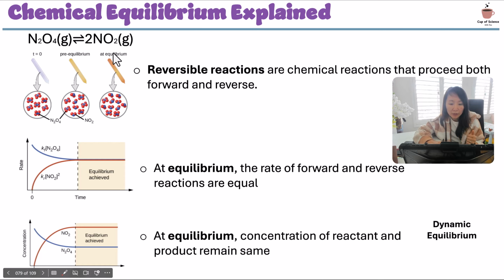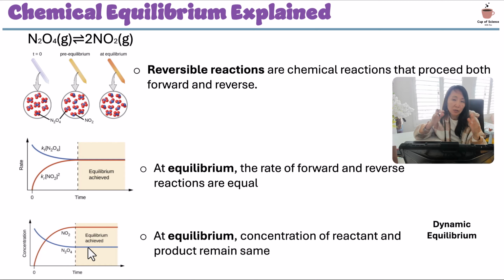But at equilibrium, look at the concentration of the reactant and the product. In the very beginning, you see the reactant, N2O4, diminishing, and that's because it's being utilized to make NO2. In the beginning, there was no NO2, but it's being made as time passes. But at a certain point in time, the NO2 concentration does not change, and the N2O4 concentration doesn't change.